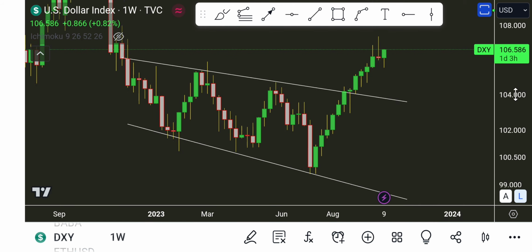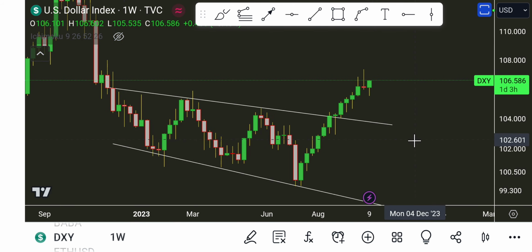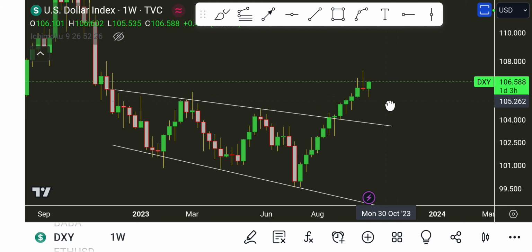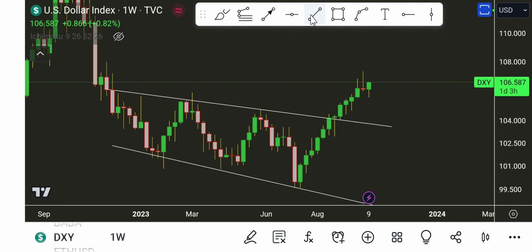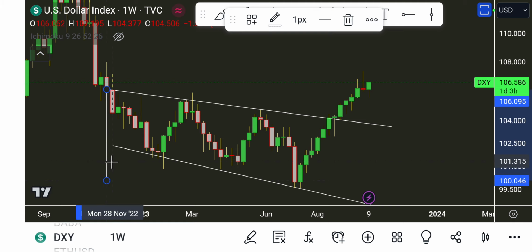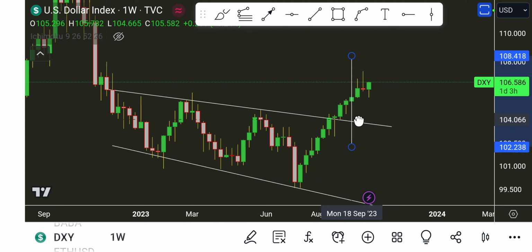So yeah, what I was trying to pass across to you guys in the previous video is this descending, I think descending broadening wedge chart pattern here, of which we talked about the targets from here down to the bottom. Then you drag this and you drop it at the breakout here.